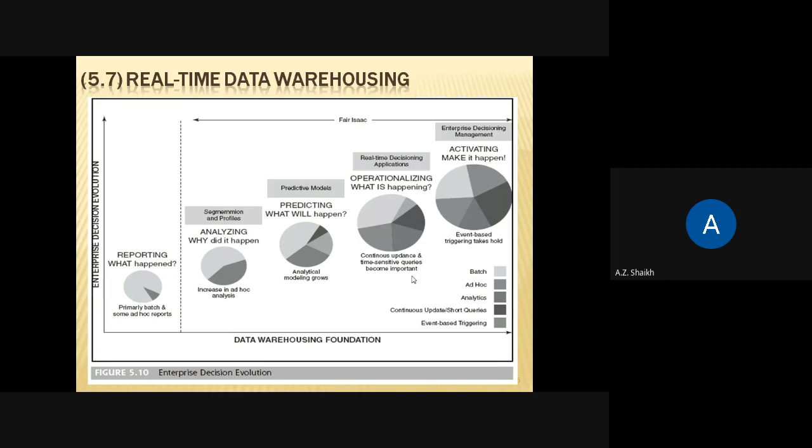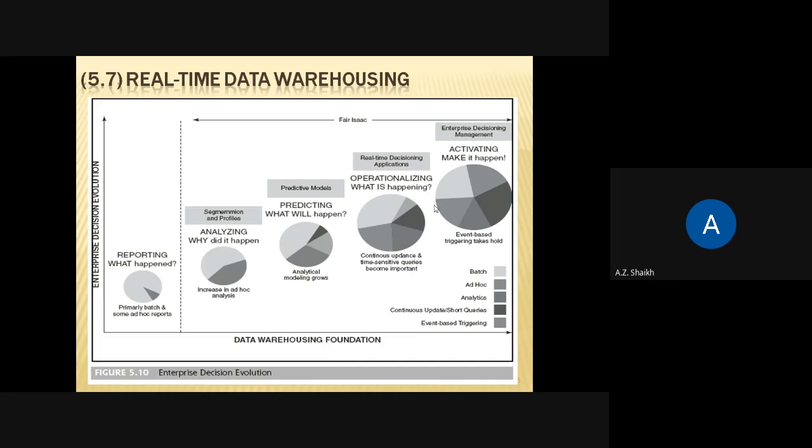So this is the real-time data warehouse example they are showing here, that is analyzing, predicting, operational analyzing, and activating. These are the different operations you are able to perform. That means you are able to use the data warehouse for analyzing the data, for predicting.